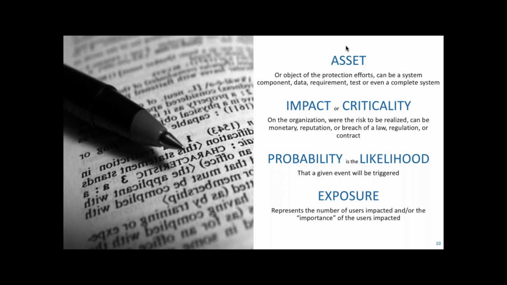So let me give you a couple of examples. Imagine that we had a particular risk, we'll call it risk A. If it were to fail and impact 100 users at a financial impact of $1,000 per user, then that would total $100,000.